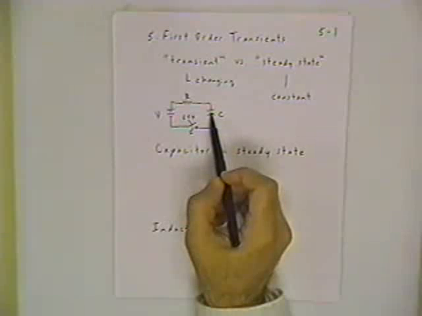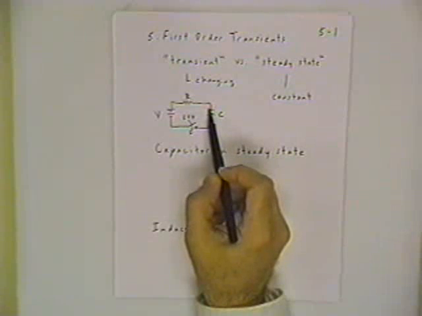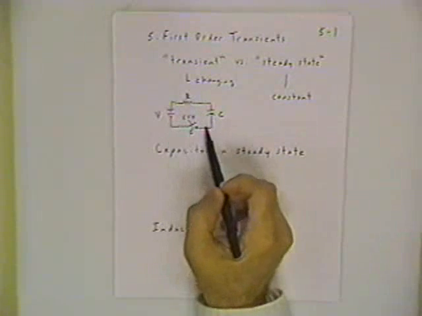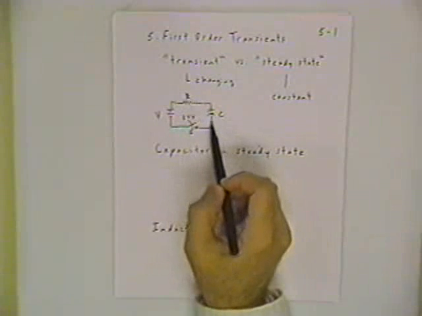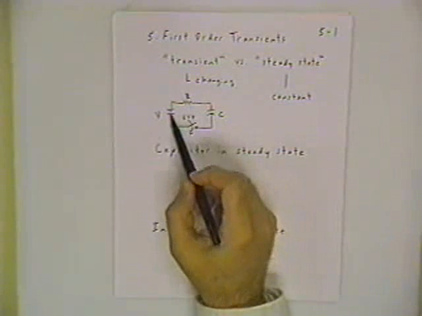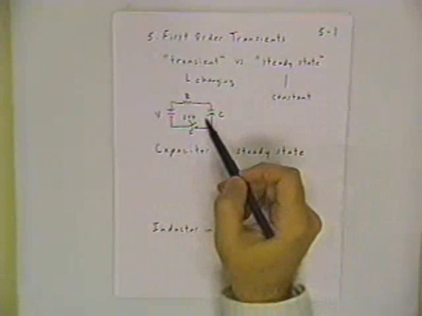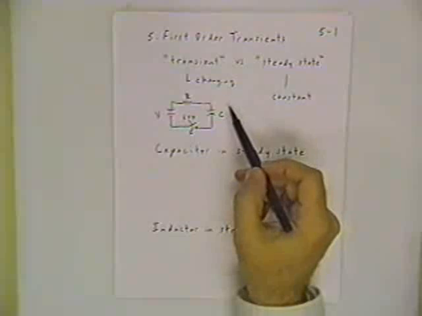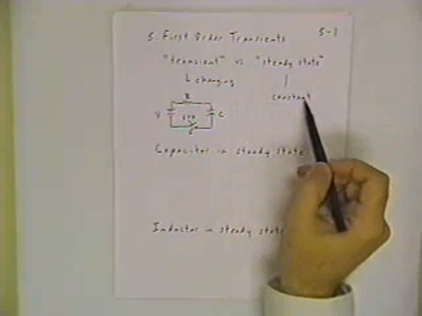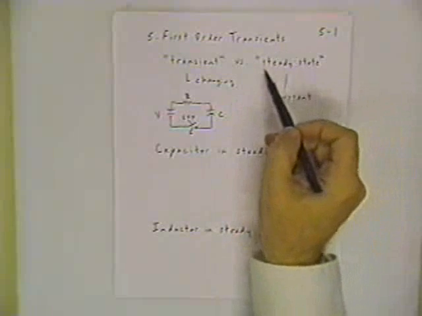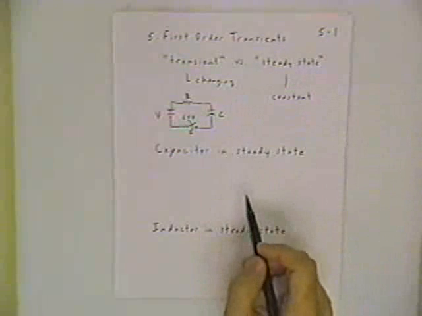The capacitor now can have a path for electrons to flow from one plate to the other. Current is going to go clockwise through the circuit, and the capacitor is going to start charging up towards its eventual final value. Once it's achieved that final value, there'll be no more currents, no more changes in voltage or current, and so we will have achieved steady state.